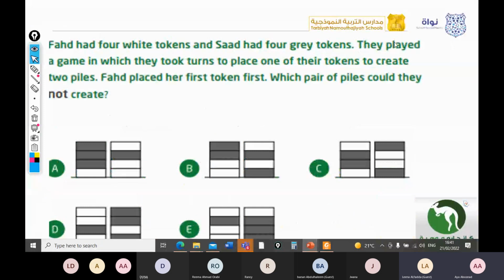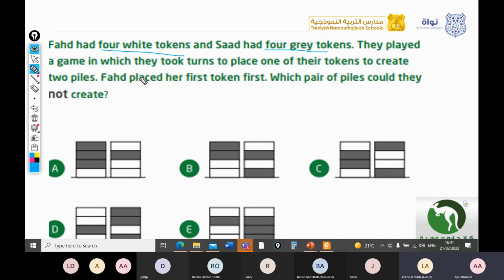Okay, let's go to the next question. This question needs focus, and you can try it yourself. Fahd had 4 white tokens and Said had 4 gray. So you have 4 white and 4 gray. They played a game in which they took turns to place their tokens to create 2 piles.